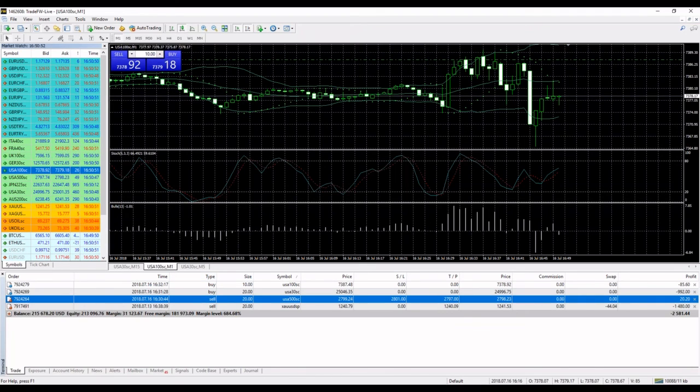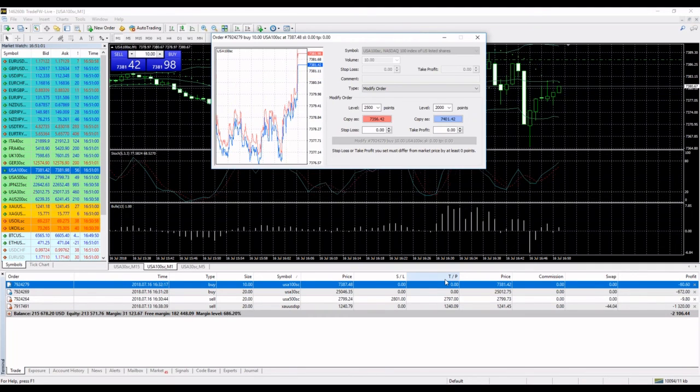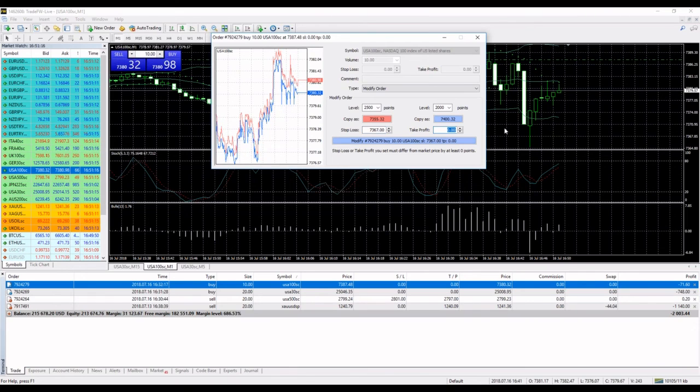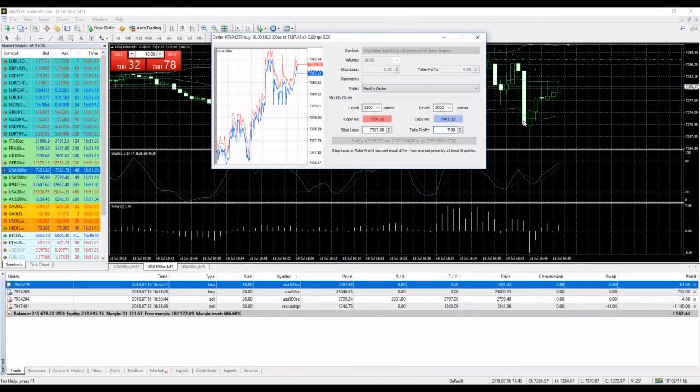What's going on here? Here we are still away from our take profit, but we put a stop loss of 7,367. Yes, this is my stop loss, and my take profit, I'll put a very, very narrow take profit here, nothing much, 7,389.30.